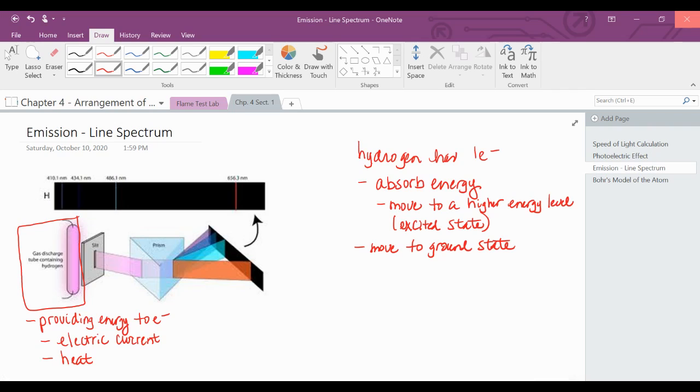It's also important to note that the higher energy levels have several different excited states that are unique to an element, but the ground state is just one. So every element just has one ground state. Now, when it moves to this ground state, the amount of energy that was absorbed is now released.